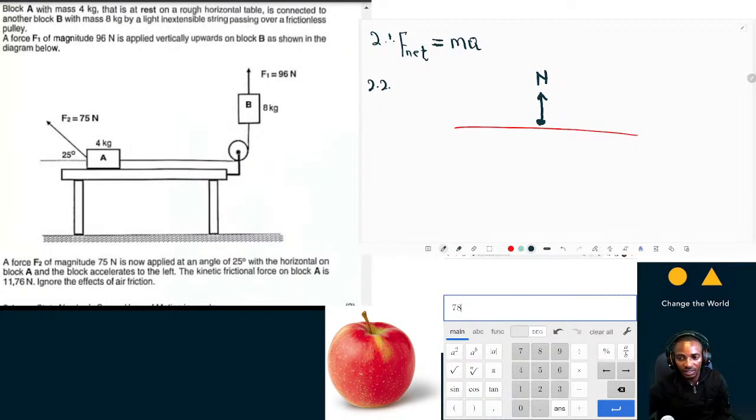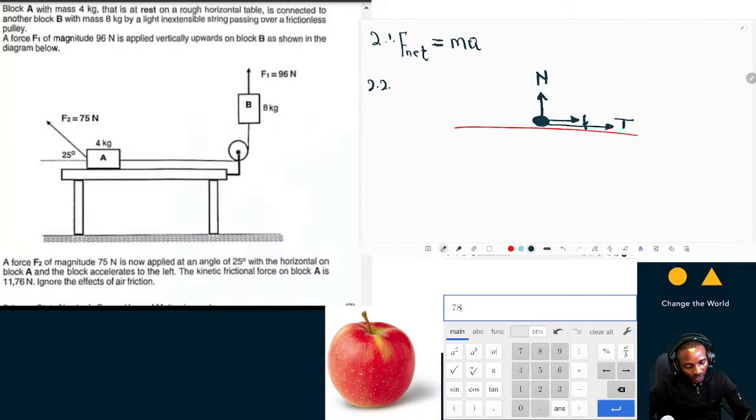Then this surface is rough. That means we're going to have a friction which will oppose the applied force, so it will be on the right. Then we also have a tension, which will be on the right also, connecting those two blocks.